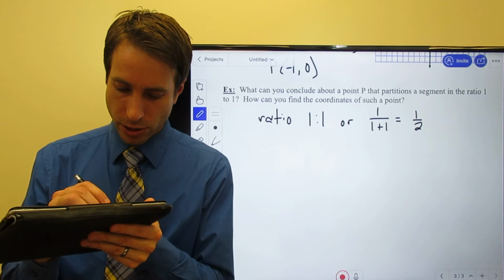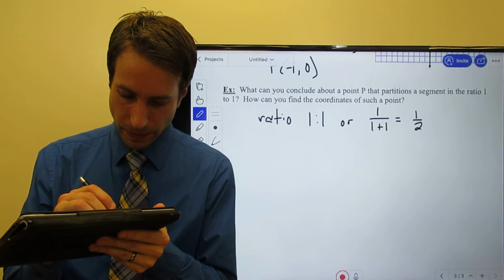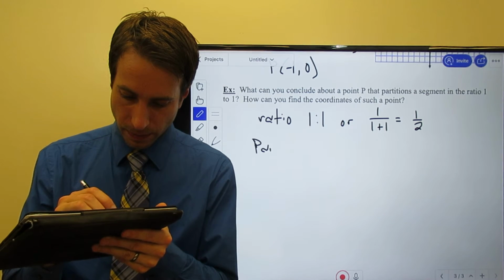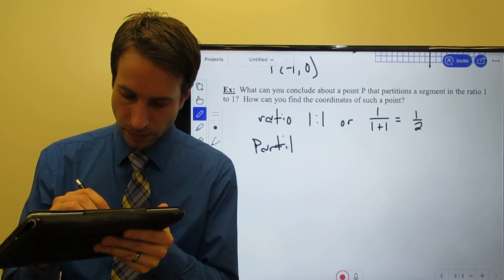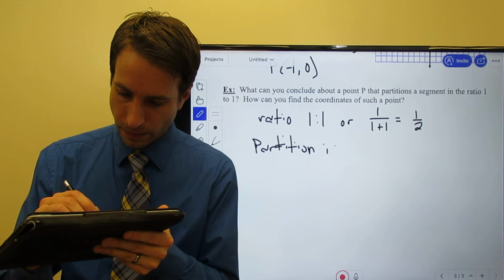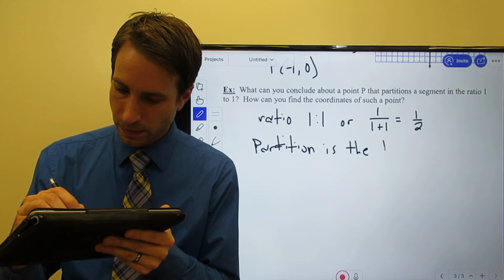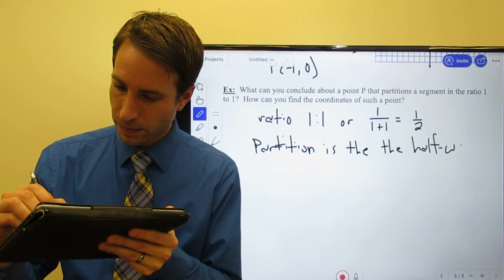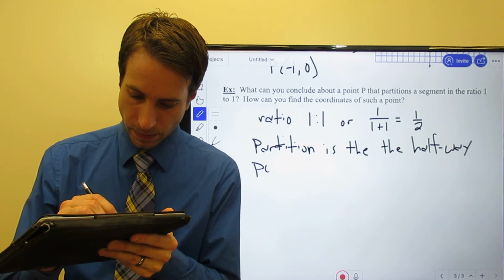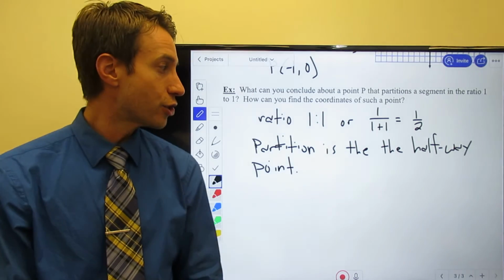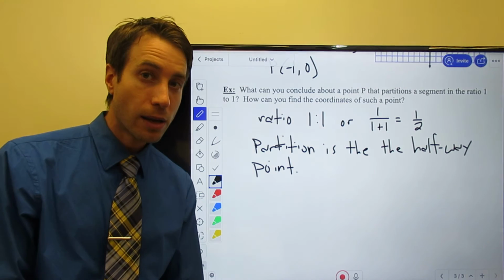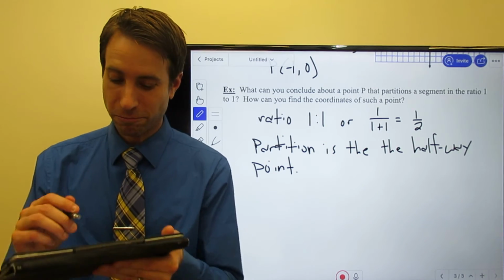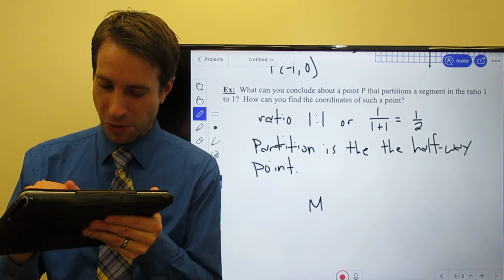So the partition will be the halfway point. How do we find the halfway point? Midpoint formula.